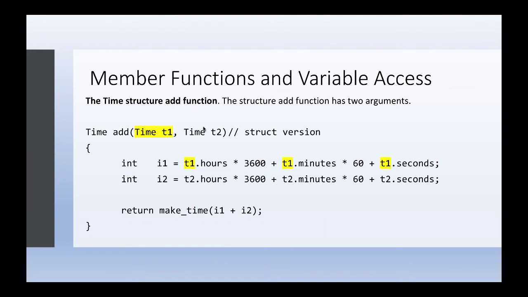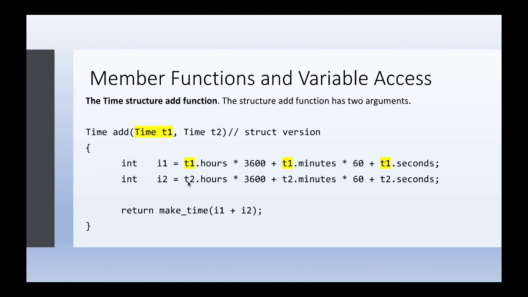So when it comes time to add up all of the seconds, if you don't recall what's happening here, we have T1's hours being multiplied by 3,600, plus our minutes being multiplied by 60, plus our seconds. So we're reducing all of our time into one unit of seconds so that we can easily add them together.